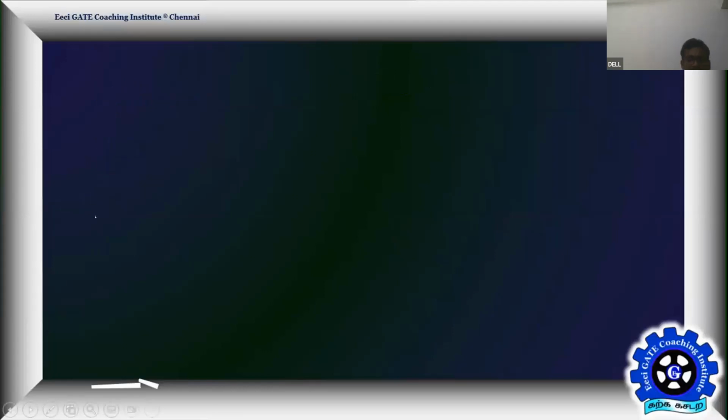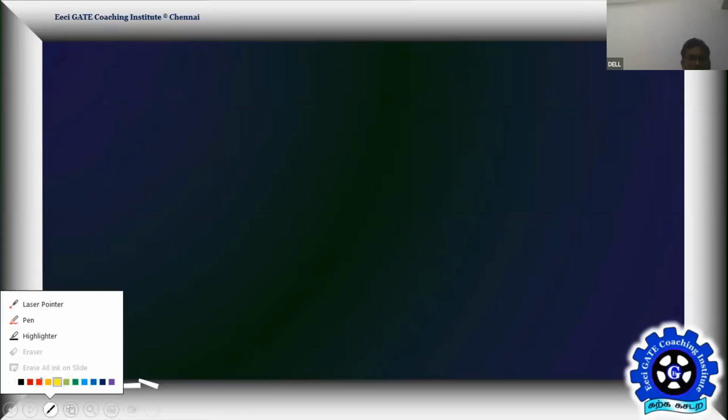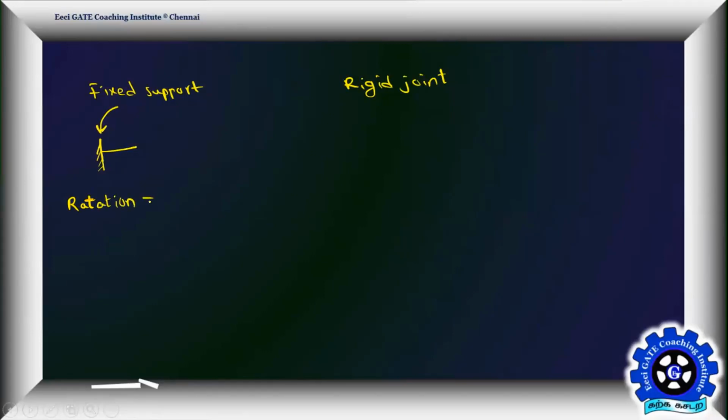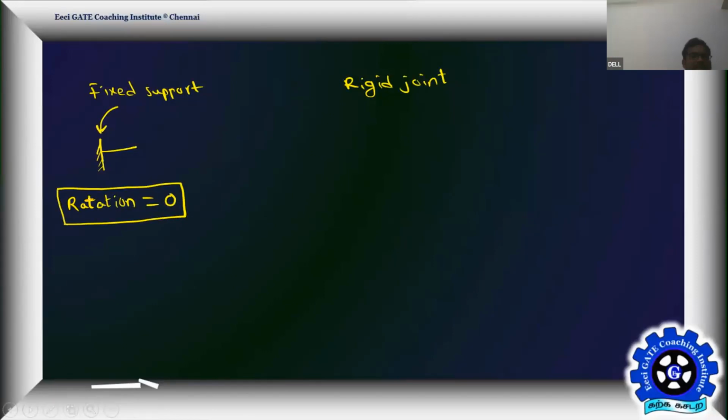At a particular fixed support, rotation is equal to zero. It cannot rotate.